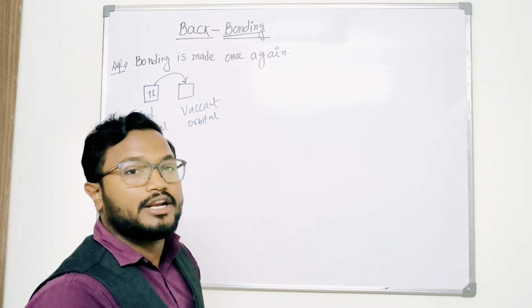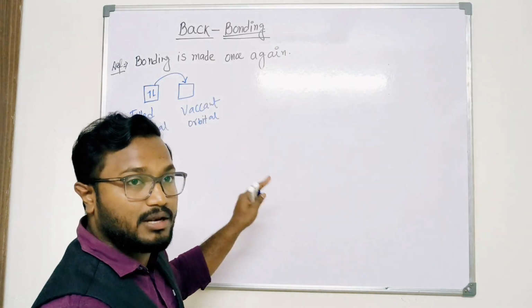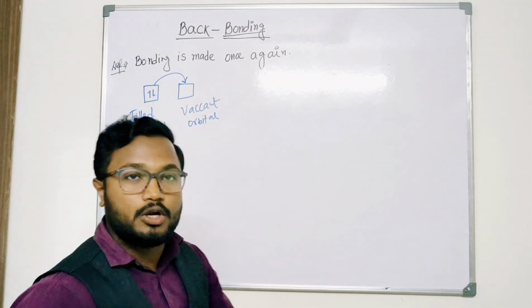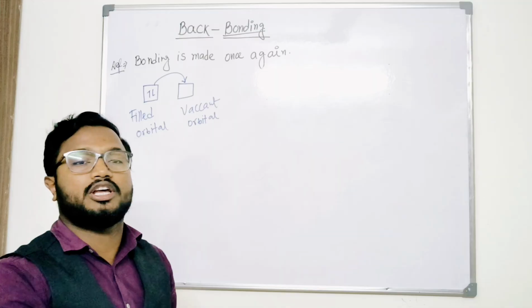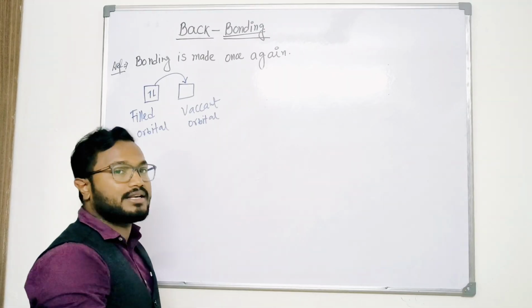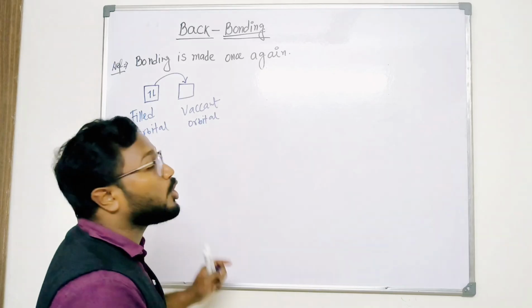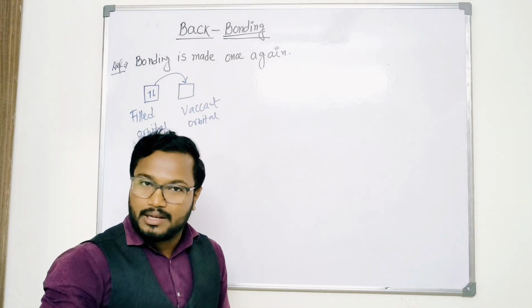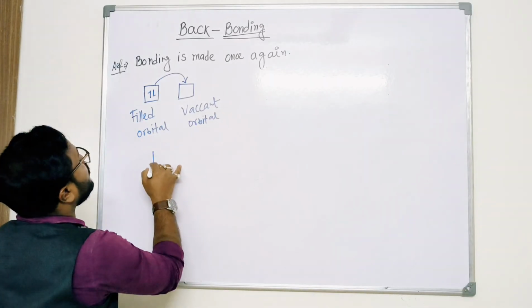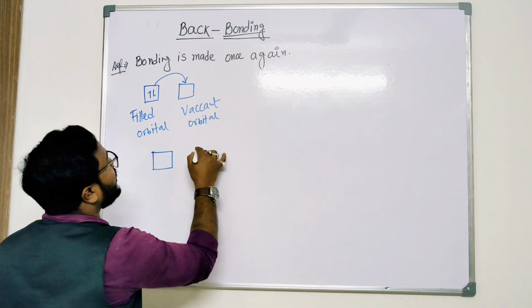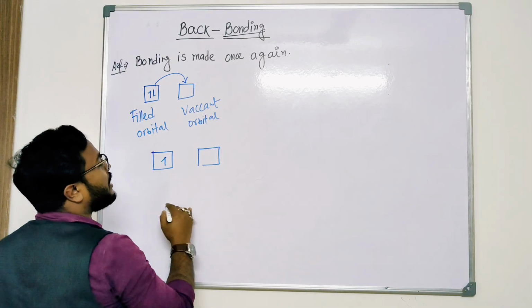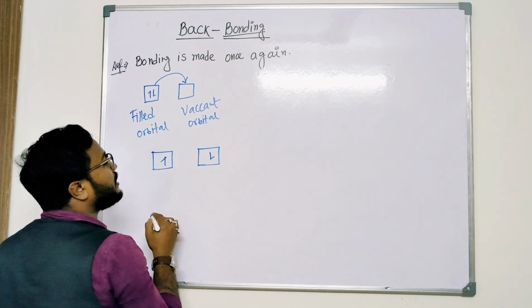So what is a coordinate bond? When a bond is made between a vacant and a filled orbital and the electrons are shared, in that case a coordinate bond is formed. And we know the concept of a covalent bond as well. In case of a covalent bond, what happens? We take two orbitals, this one half filled, this one also half filled.